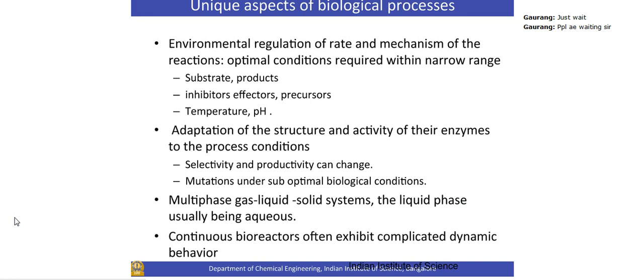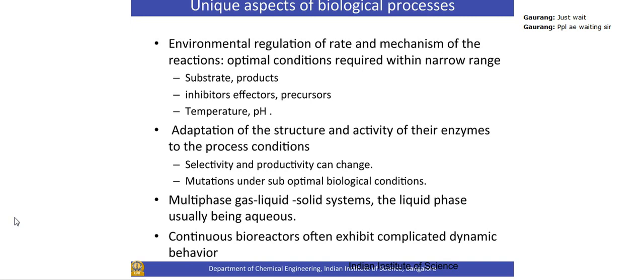In fact, cells are extremely sensitive to variations in both these parameters. For example, certain types of cells can tolerate only up to a temperature in the range of 25 to 30 Fahrenheit, or pH between 4 to 5.